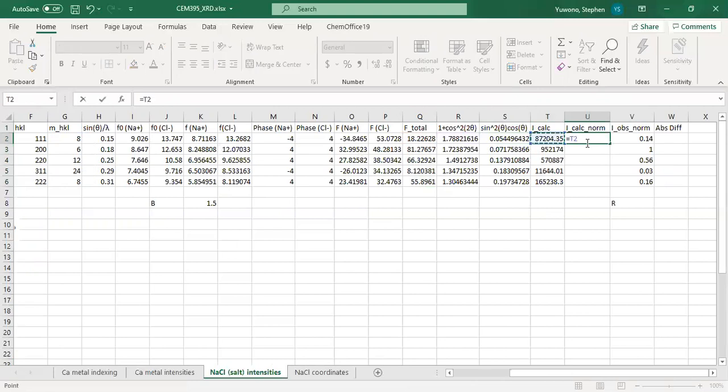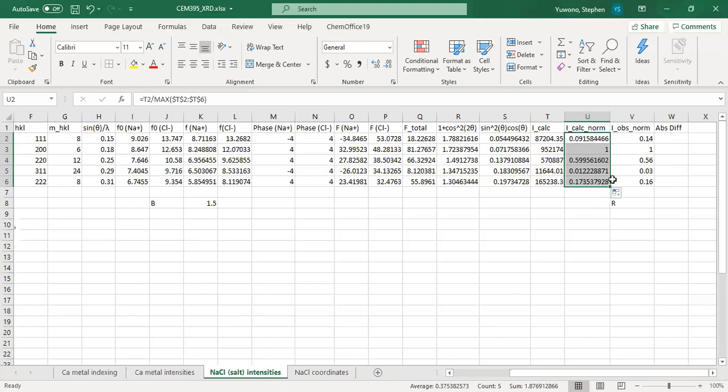Normalize. And exactly, as you can see, it's already pretty close to what we see in the experiment, where my second peak is the tallest one, and then the rest is smaller.